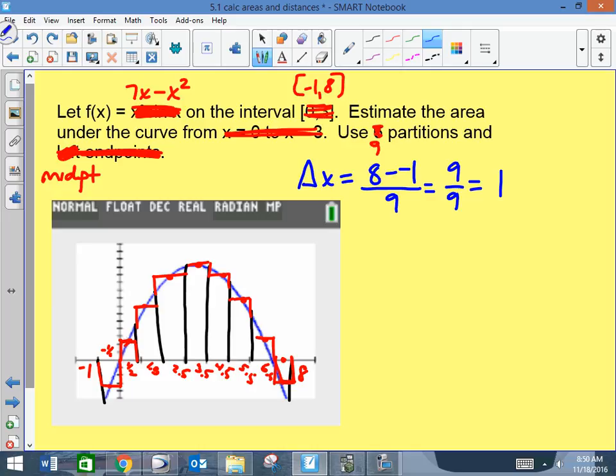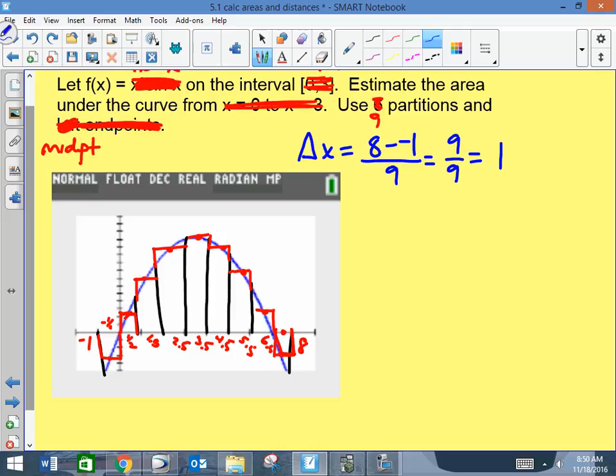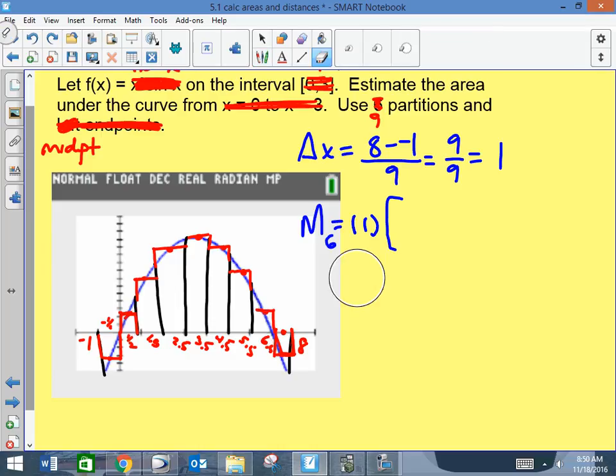So my change in x is 1 every time. I'm going to do M, midpoint 6 for the RAM, 1 times the f of the middle. You can start with either end. Remember, we need not 6 of them, but 9 of them. We corrected that. Wow, that's a first.